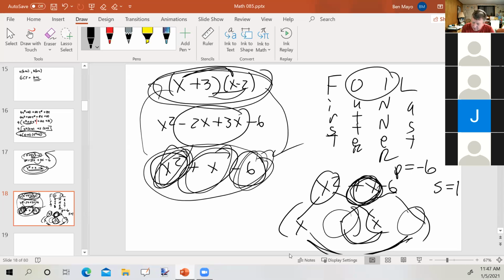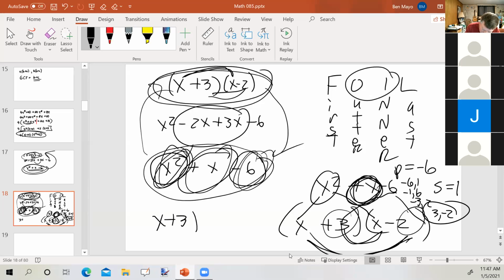Well, what two numbers have a product of negative 6? Let's see, negative 6 and 1, negative 1 and 6, negative 3 and 2, 3 and negative 2. That's the only pair of numbers whose product is negative 6, but whose sum is positive 1. So I'm going to get a plus 3 and a minus 2.